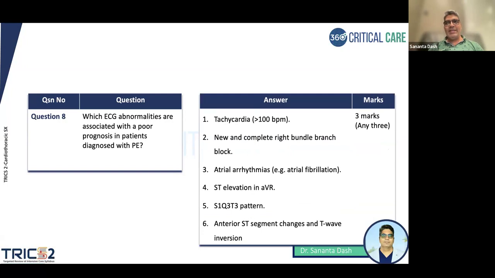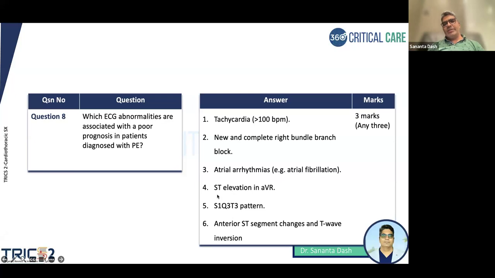Basically, more or less, any ECG abnormality that you see in PE has a poor prognosis. That's the bottom line of it. Most of the patients will have a tachycardia. There will be new or complete right bundle branch block. The patient may have new onset arrhythmias, particularly atrial fibrillation. There may be ST elevation in the aVR, which is a little bit of an unusual finding. If we see this, then it rings the bell.